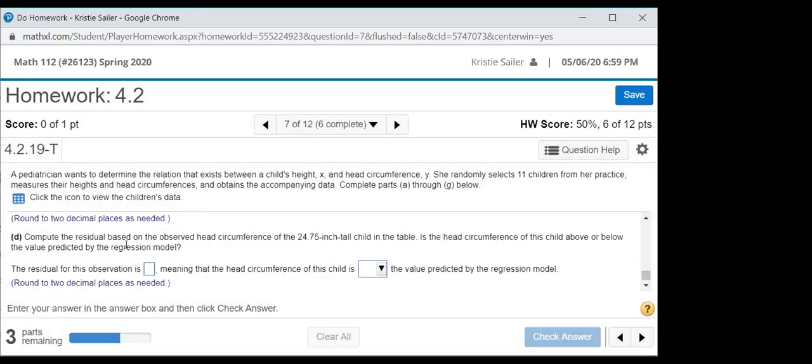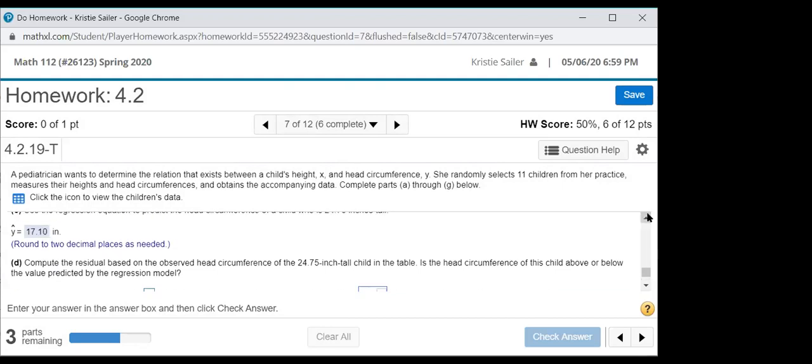Now it says compute the residual based on the observed head circumference. Is the head circumference of this child below or above the value predicted by the regression? So is the residual the same as what we got for the answer up there?